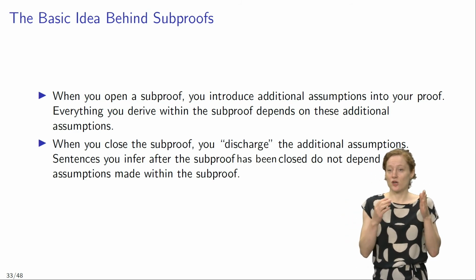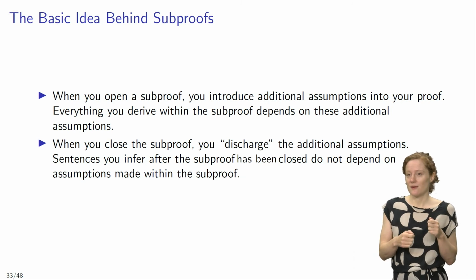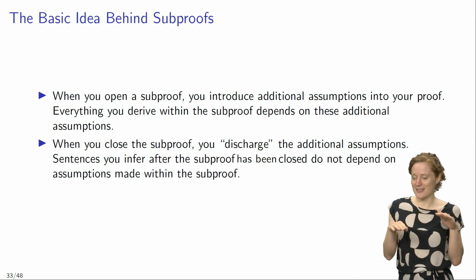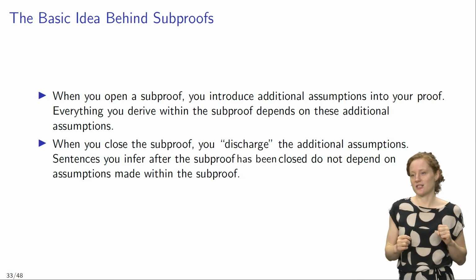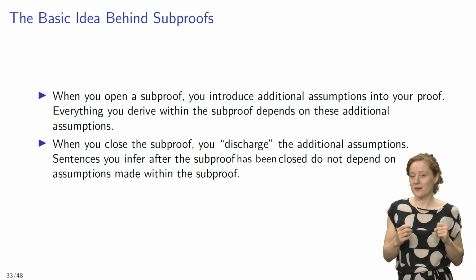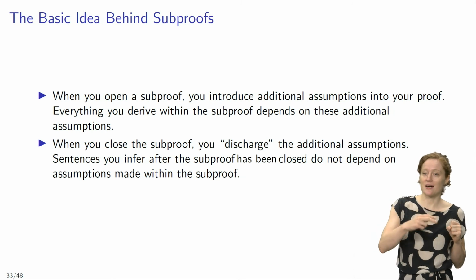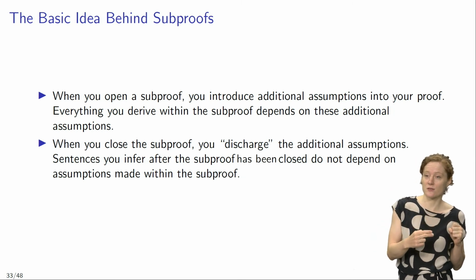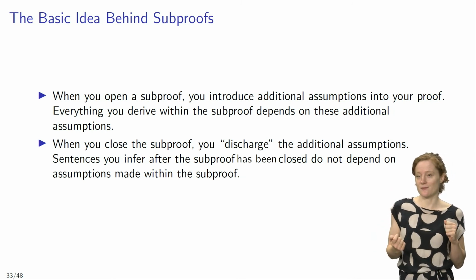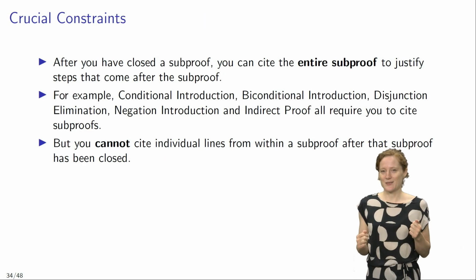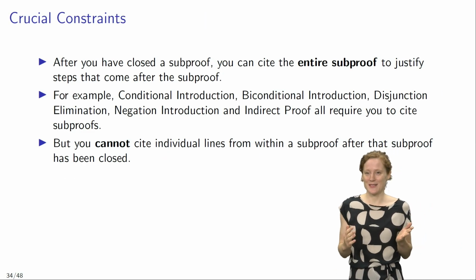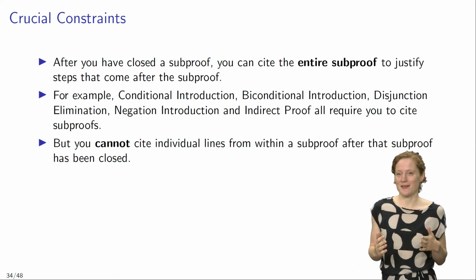And then when you close the subproof, meaning the additional vertical line ends, you discharge these additional assumptions. So that means that sentences which you infer after the subproof has been closed do not depend on assumptions made within the subproof. And so to correctly make use of subproofs, you need to obey a couple important constraints.